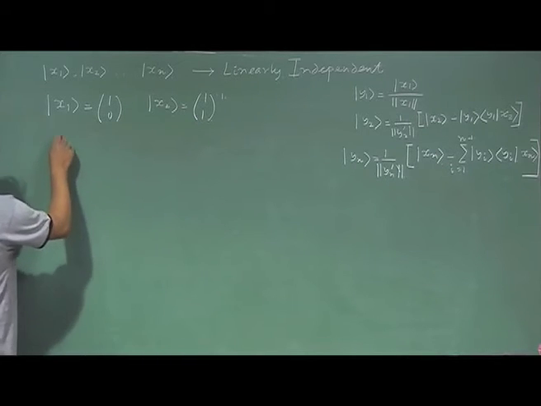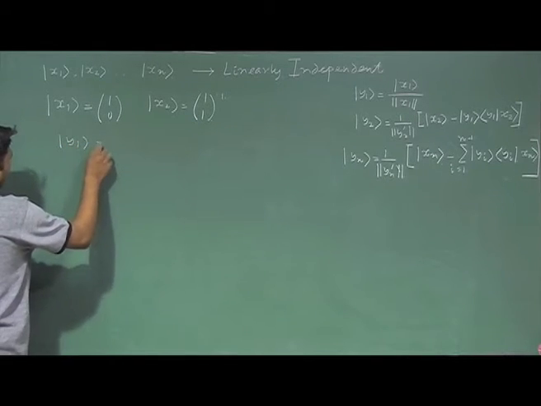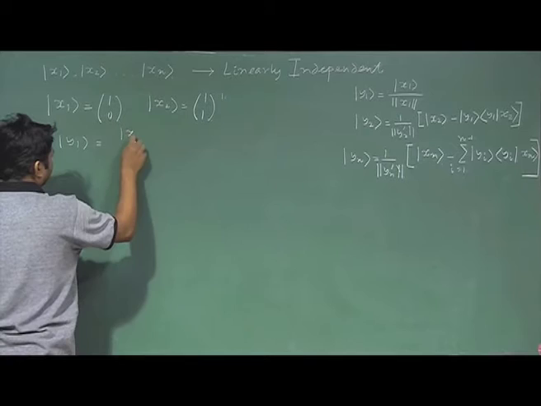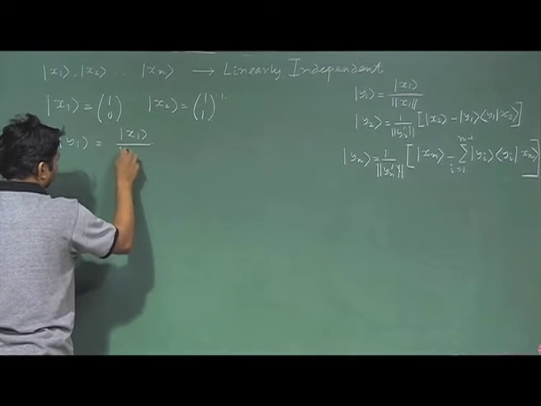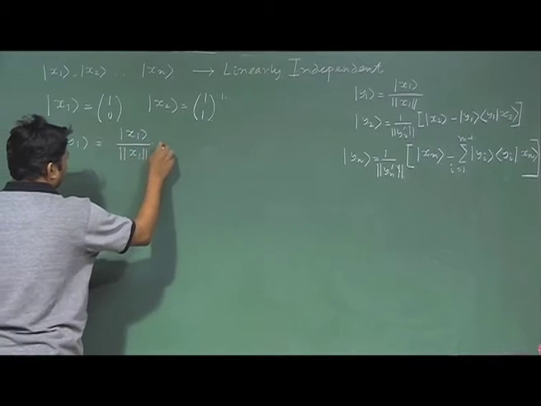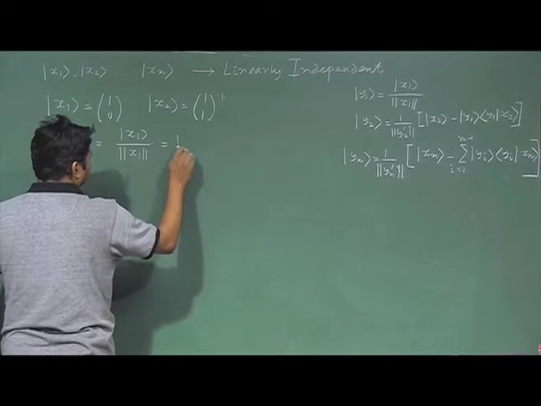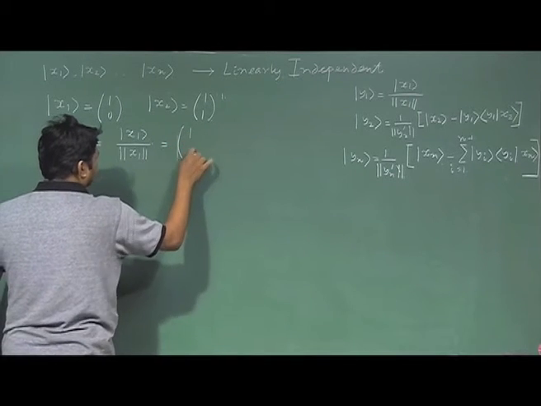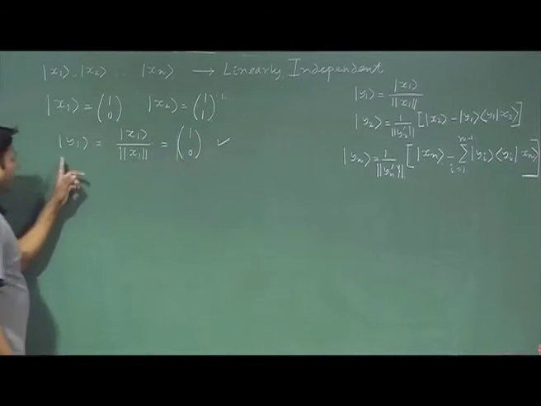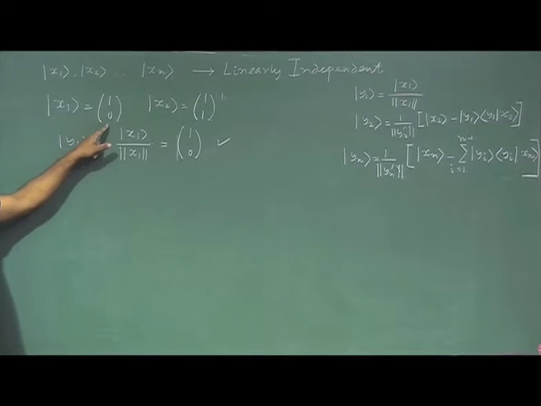So, what will be my y1? According to my rule, y1 is straightforward: it is this vector, which already has unit norm.